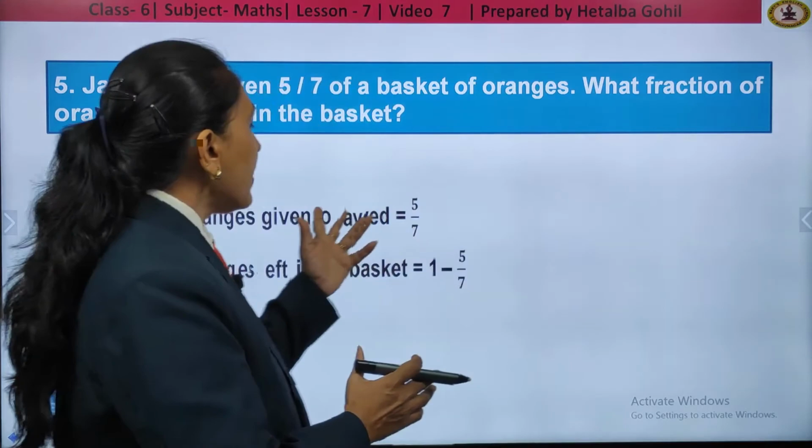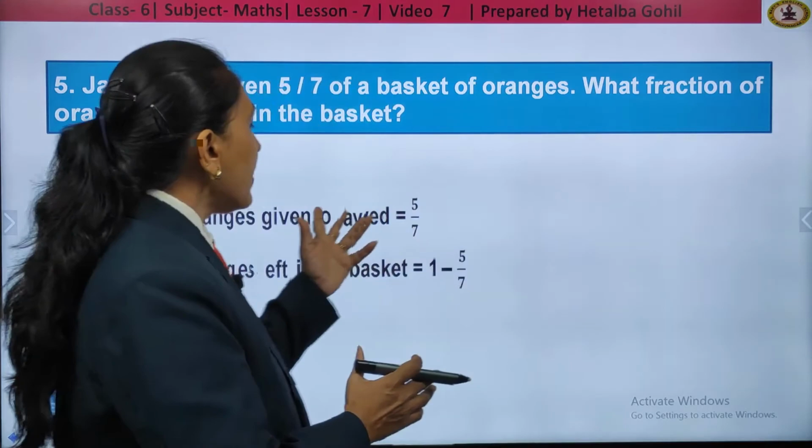Okay. So, let us see how we will do it here. 5 by 7 means are the oranges given to Javed, and as I told you that the oranges are taken out, means it is getting reduced. So, we will subtract that fraction from one whole, that is 1 minus 5 by 7.